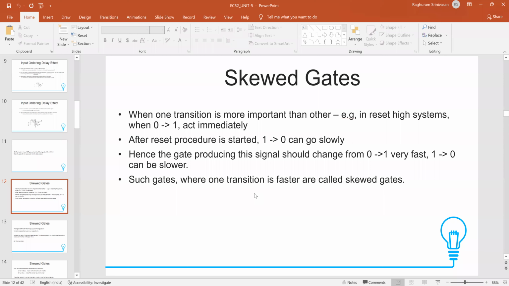Same thing here also. Skewed means it's not having the exact sizes that we want. What is the meaning of exact sizes? We have sized the gates so that the pull up network and pull down network have the same equivalent resistance.